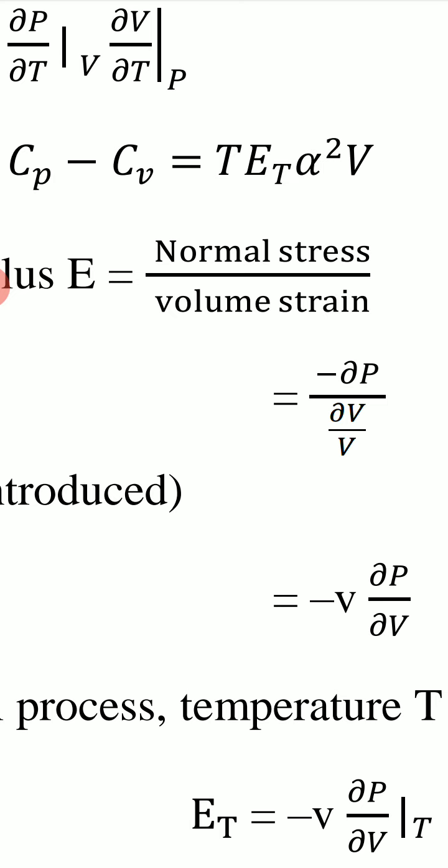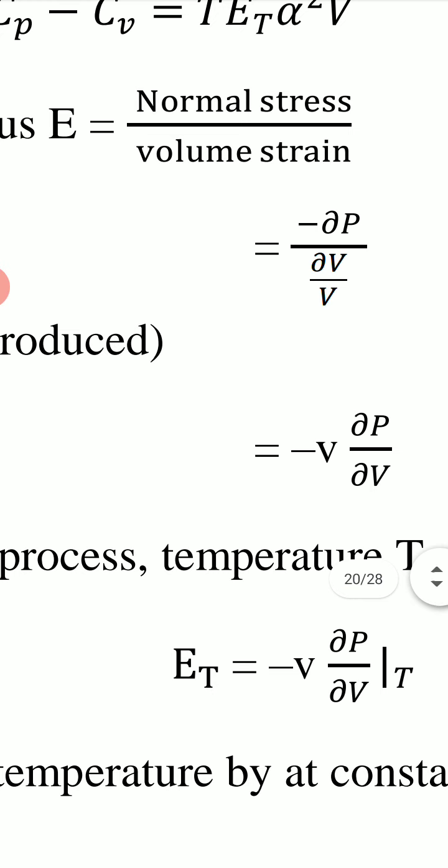Change in volume is delta V, original volume is V. So for normal stress we write delta P, and for volume strain we write delta V upon V. And a negative sign is introduced because when P increases, V decreases. When we increase the pressure on a body, its volume decreases. So we write a minus sign so that the bulk modulus E will become positive.